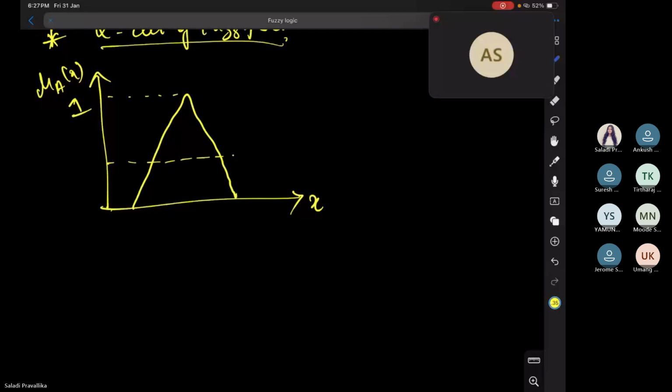Call them A and B. So A alpha, that is all the values that have a membership value greater than or equal to alpha, that is 0.4 here, we take that as the alpha level set. That is all the values that lie in between A and B here. So that is all these values. These are called the alpha level set.